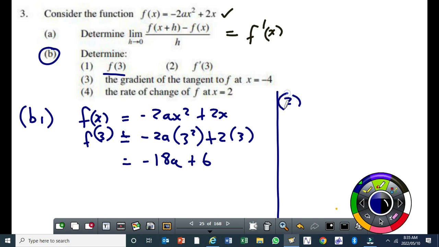Number 2, f prime of 3. Okay? F prime of 3 means the gradient of that function f of x where x is equal to 3.